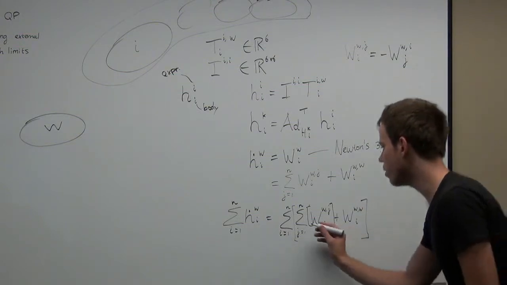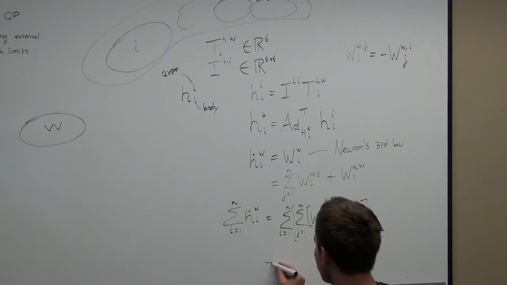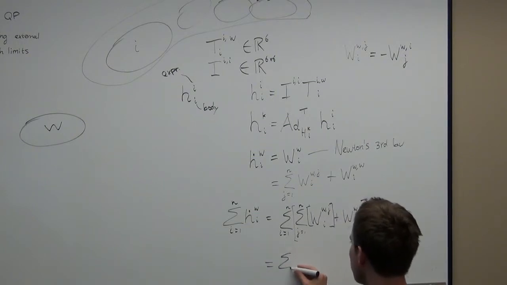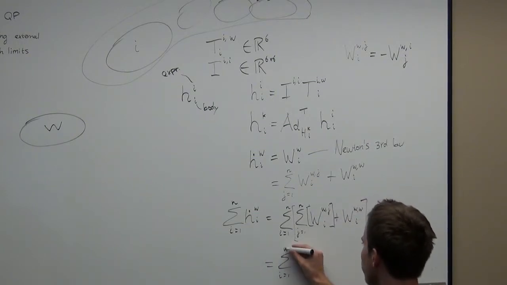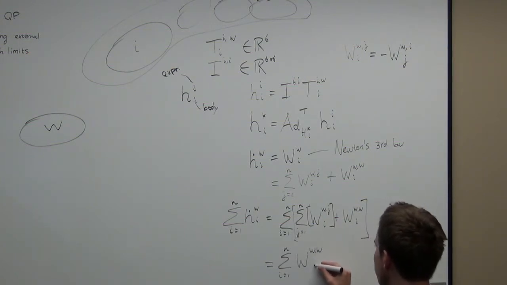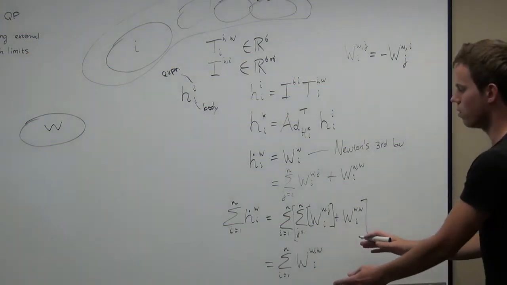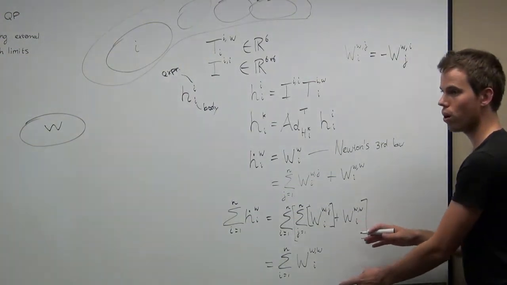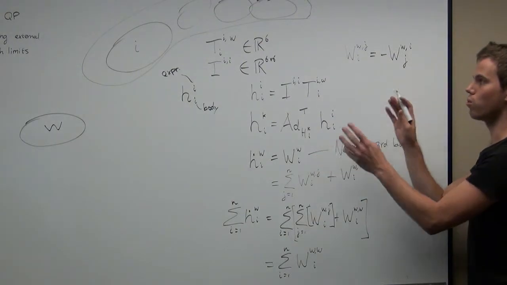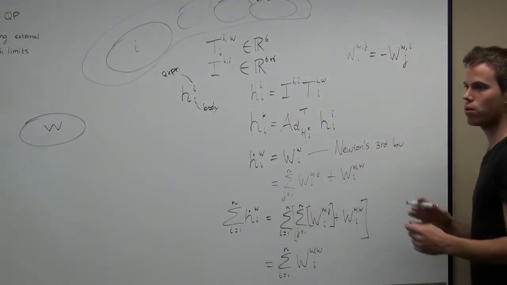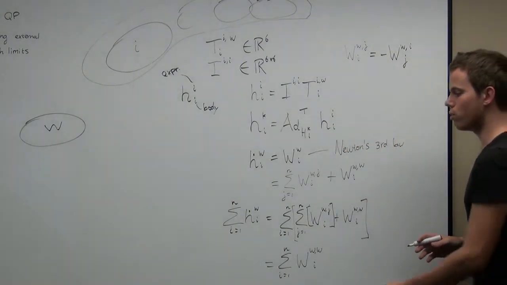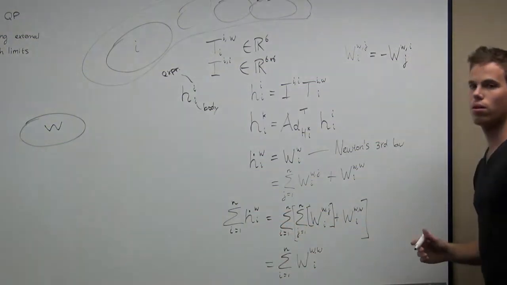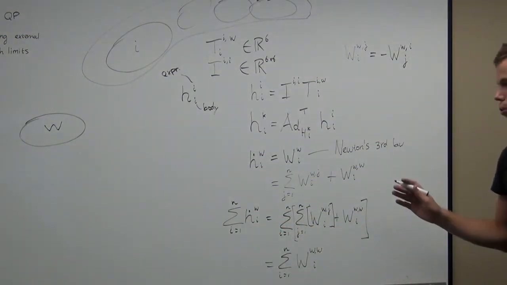So really, all that you're left with is the sum I equals 1 through N of W I. So only the external wrenches, applied by the world onto all of the bodies of the robot, matter in the rate of change of momentum of the robot as a whole.